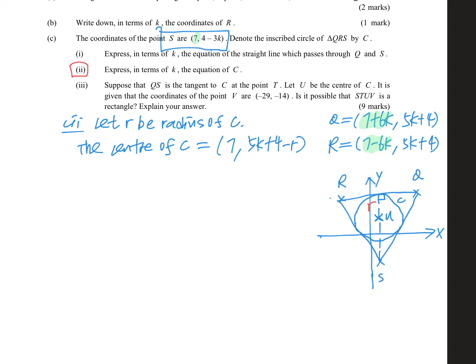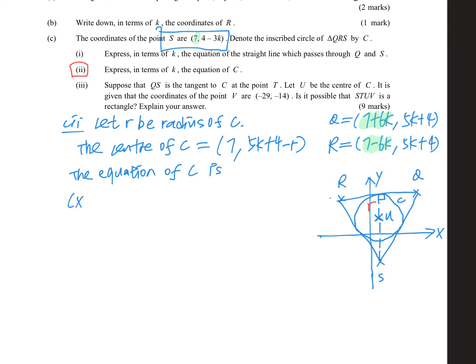Since the radius is R and we have the center in terms of R and in terms of k as well, we can express the equation of C, the equation of the circle, using the standard form.